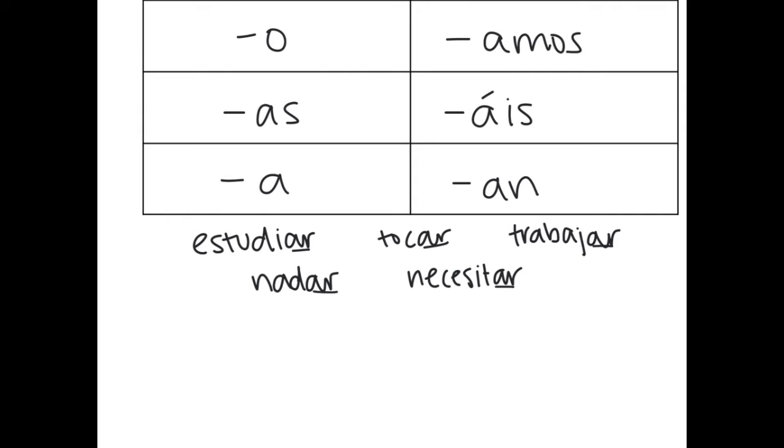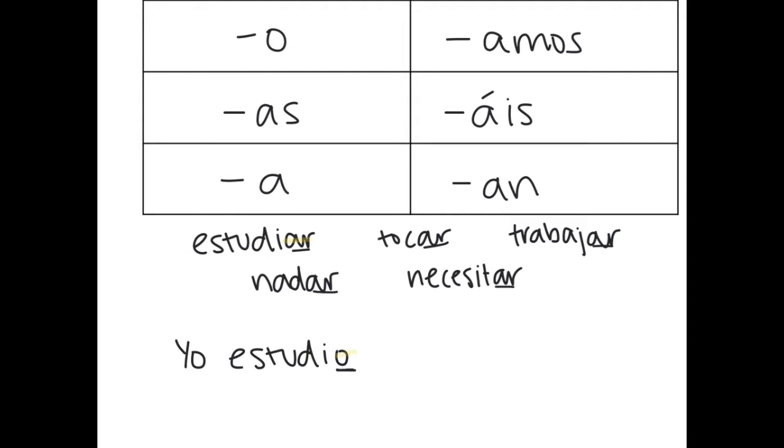So we can start with estudiar right here. So if I have yo, and then I want to conjugate estudiar, I'm going to say yo estudio, because I'm just replacing that AR with that O. So these are the same right here. Here, I'll highlight that for you guys so you can see it.